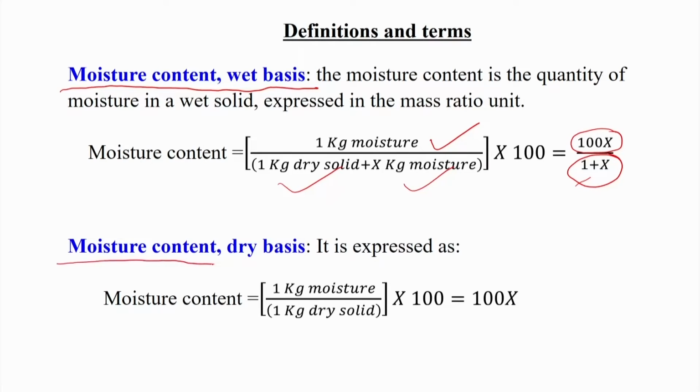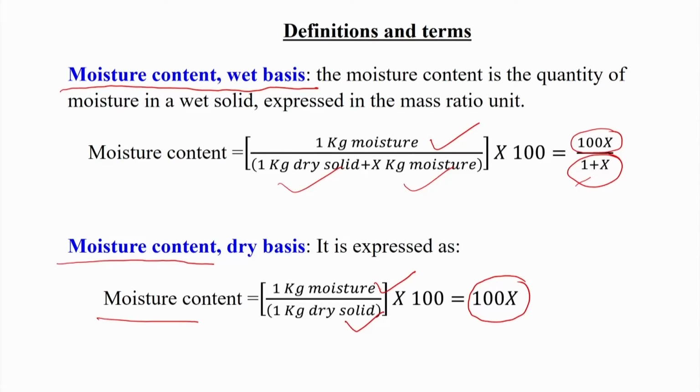But whenever we discuss moisture content on a dry basis, it is expressed as x kg moisture per 1 kg dry solid, multiplied by 100. So, this is 100x divided by 1, which means 100x. That is the dry basis. Whenever the drying process takes place in a wet solid, the moisture content expressed on a dry basis will remain constant, because for 1 kg dry solid, x kg moisture is there, that is x kg moisture per 1 kg dry solid.